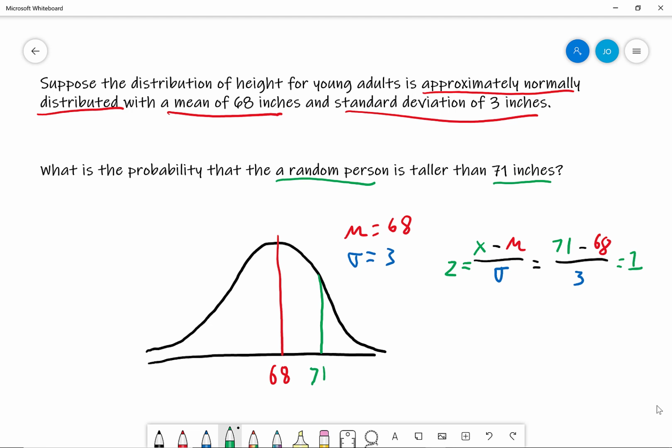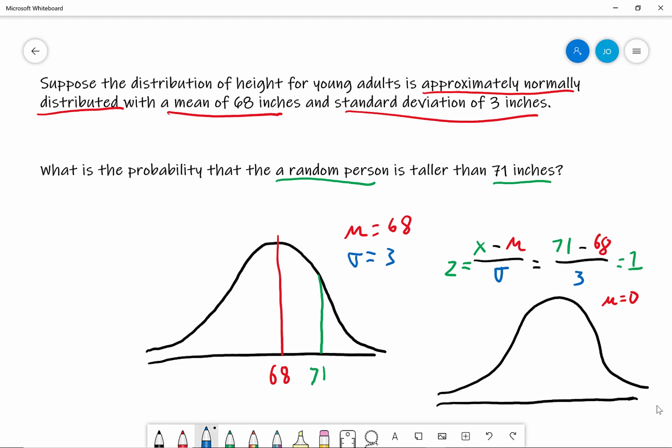So what I'm going to do is I'm going to draw another distribution, our z distribution. Right? And if we wanted to find the probability and percentage associated with being 1 standard deviation, this means we're in our z-score world. Right?